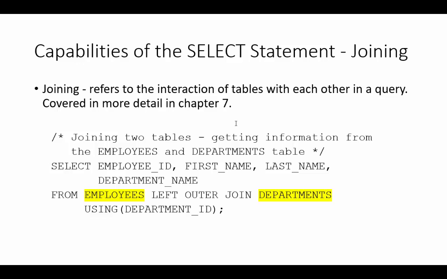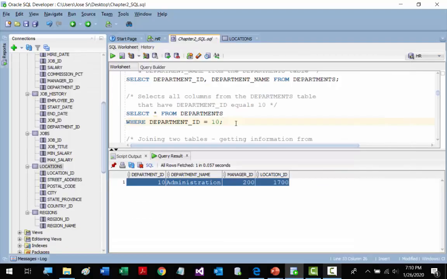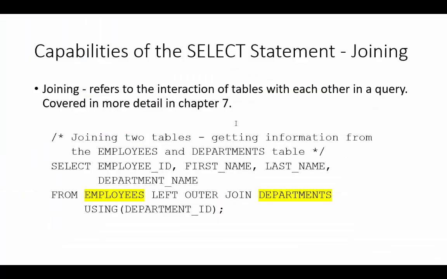Now we go to the joining capability. Again, this is going to be discussed in chapter 7, and I'm just using it as an example of the joining capability. What the joining capability does is it refers to the interaction of tables with each other in a query.